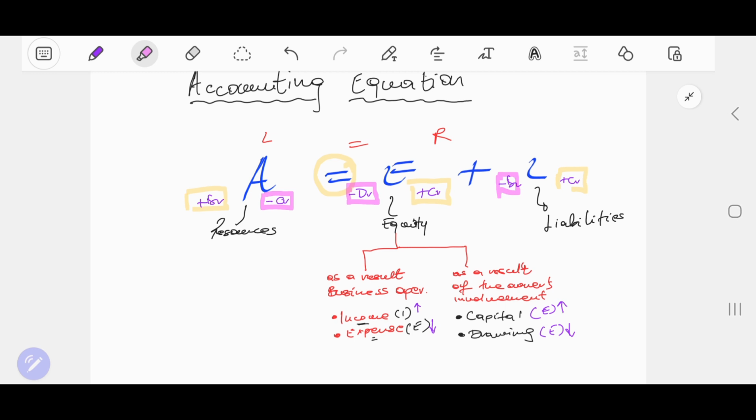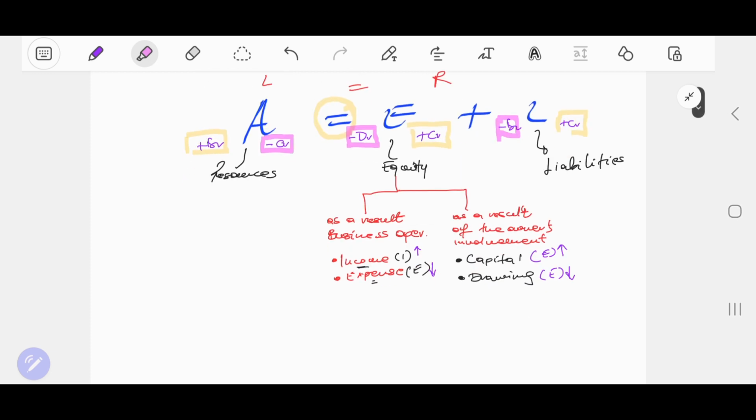And so we have to link the information in the transactions to the accounts. And then from the accounts, we can now state whether it's an increase in assets, decrease in assets, or an increase in liabilities, decrease in liabilities, and so on. You'll see this when we are doing an example.